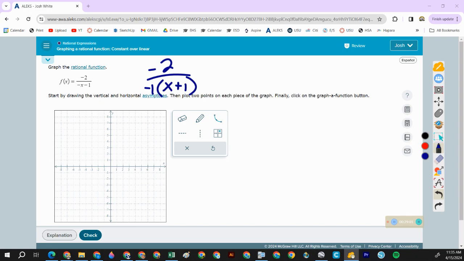So my vertical asymptote is at negative 1. Negative 1 is the number that makes this 0. So I draw a vertical line at negative 1. The bottom has a stronger x than the top, so my HA is at 0. Okay. What numbers are going to be nice to plug in?